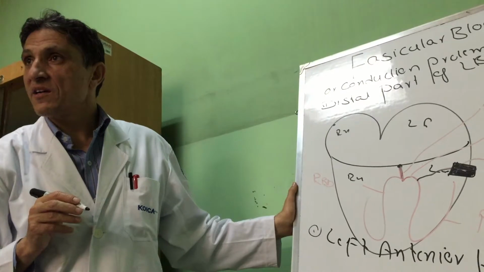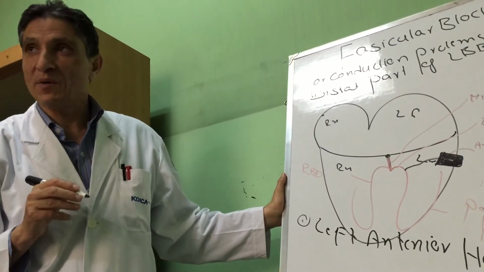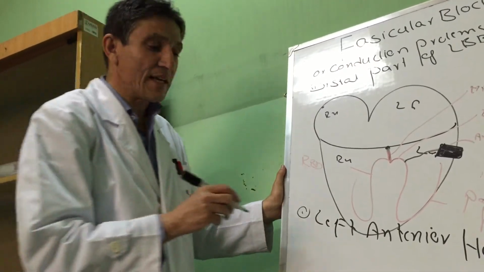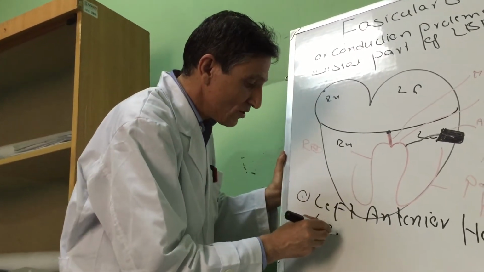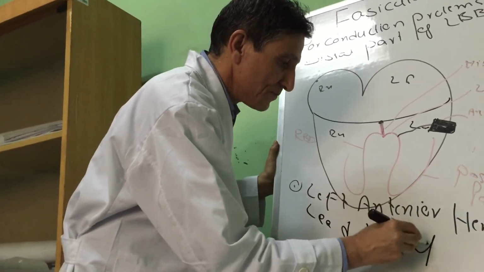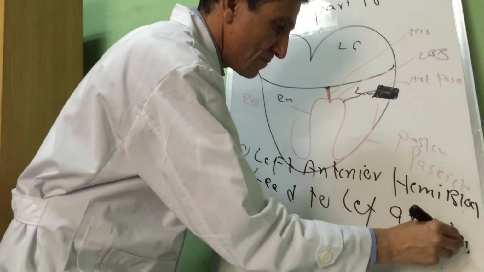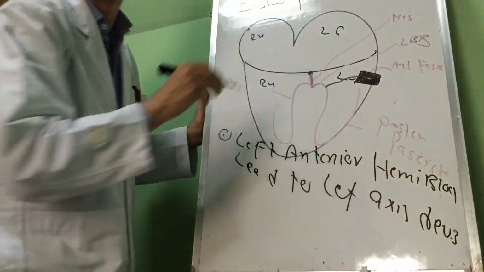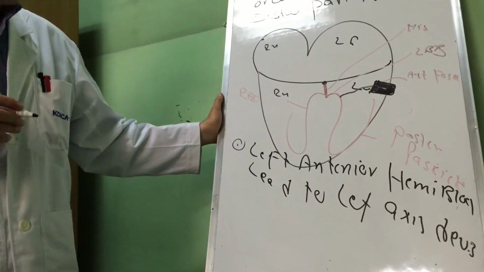Anterior fascicle block leads to left anterior hemiblock. Left anterior hemiblock leads to left axis deviation.